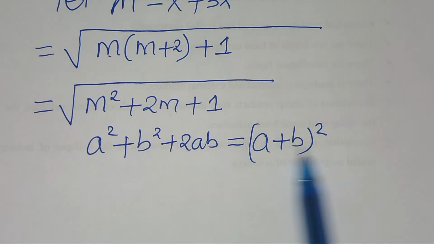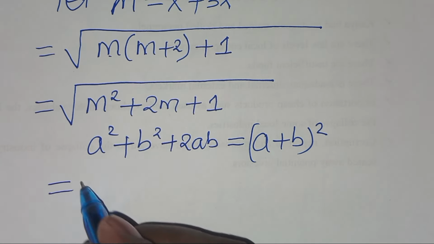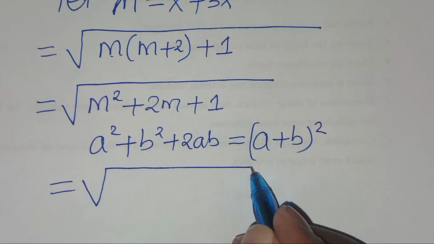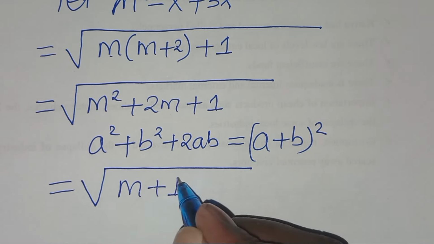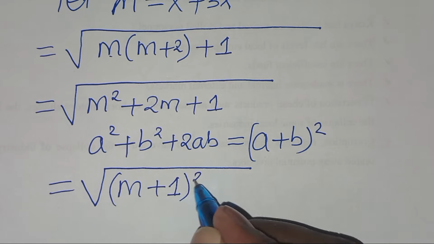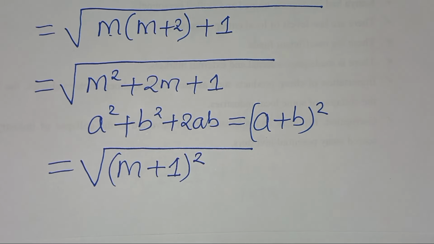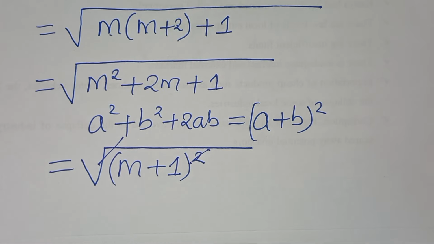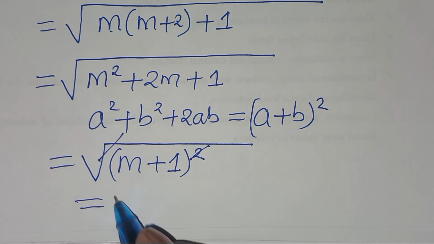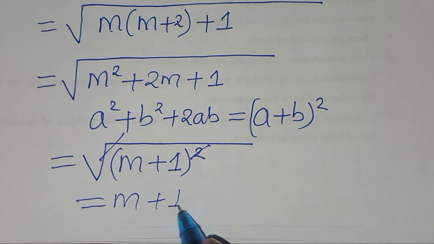So applying this algebraic identity, it follows that here we'll have the square root of m plus 1 squared. And the next step is just to eliminate this square root sign. So we simplify that so that now we have m plus 1.